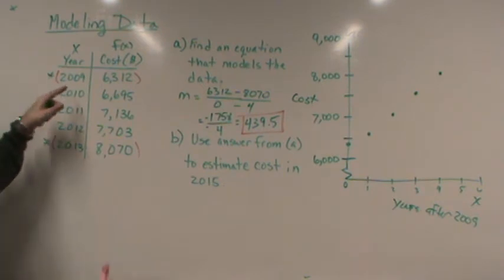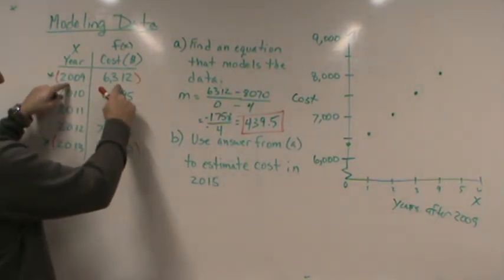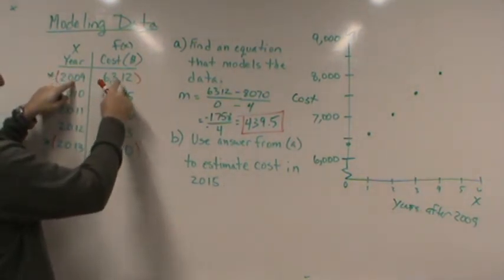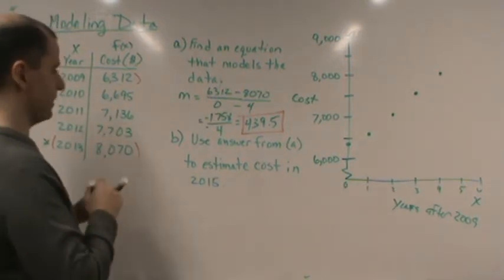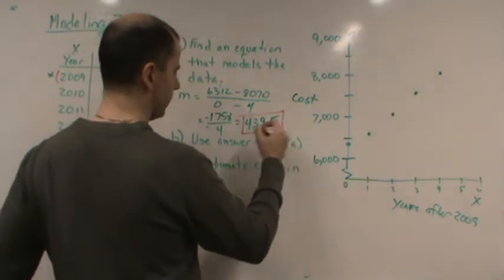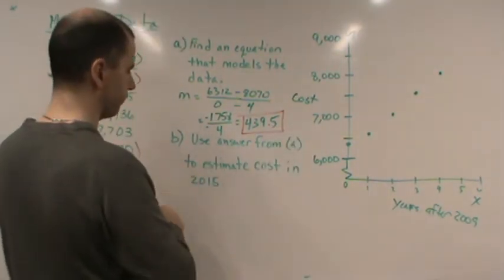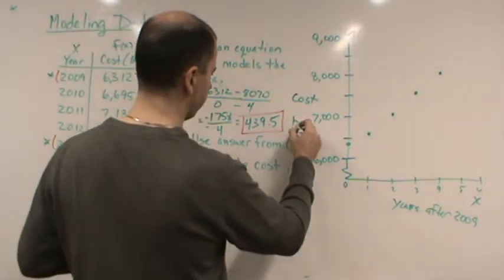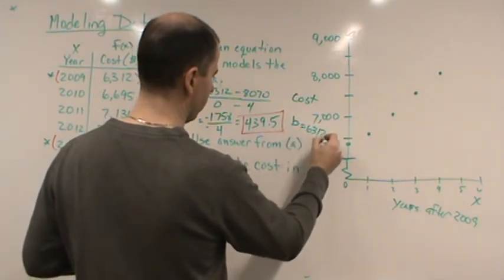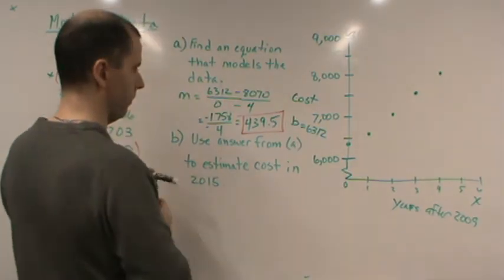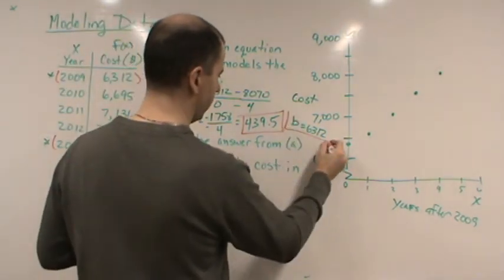It's right here. This is our intercept, because when x is 0, this is our cost. So our intercept is 6312.